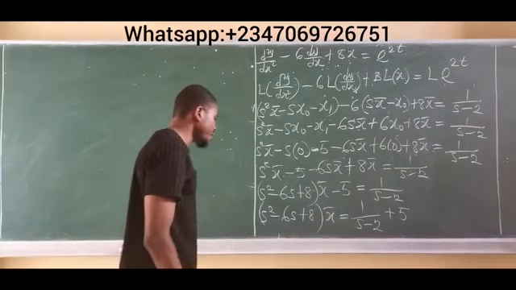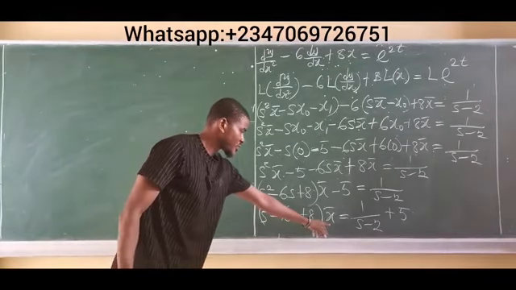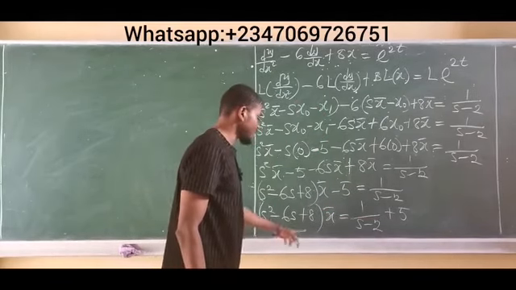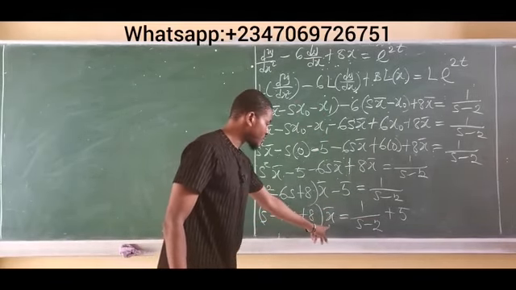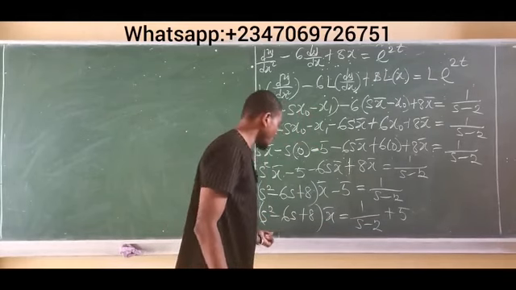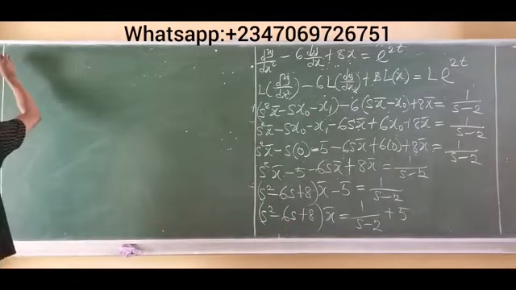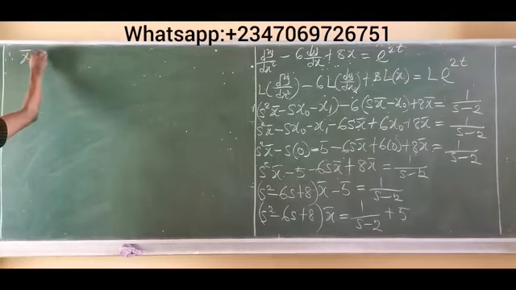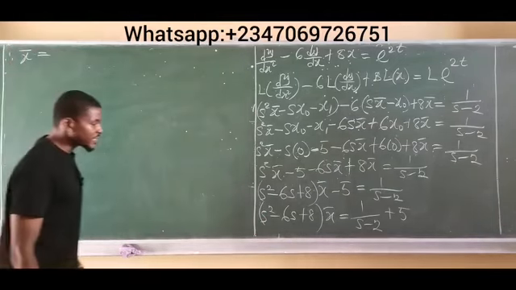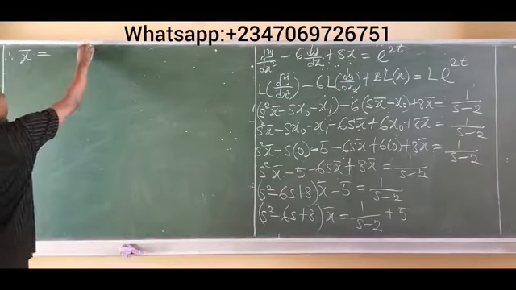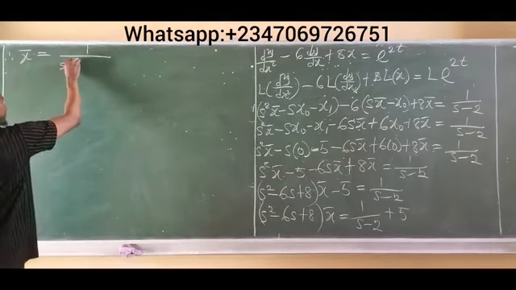Okay. So from here, in order to make x bar subject, it means I have to divide all through by x squared minus 6x plus 8. In order to make x bar subject, I have to divide all through by this coefficient x squared minus 6x plus 8. Therefore, x bar is now equal to, on this side I have 1 all over s minus 2.